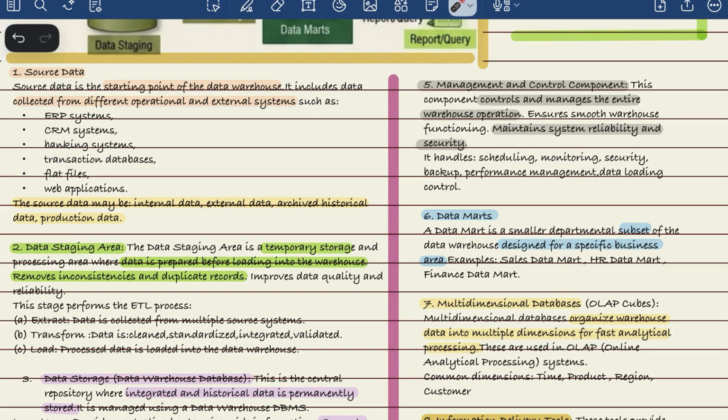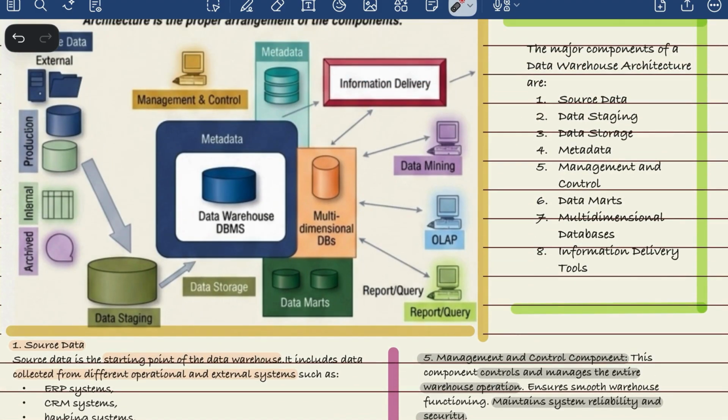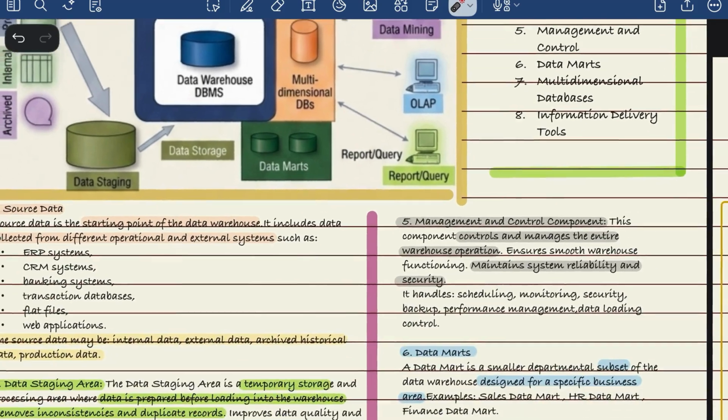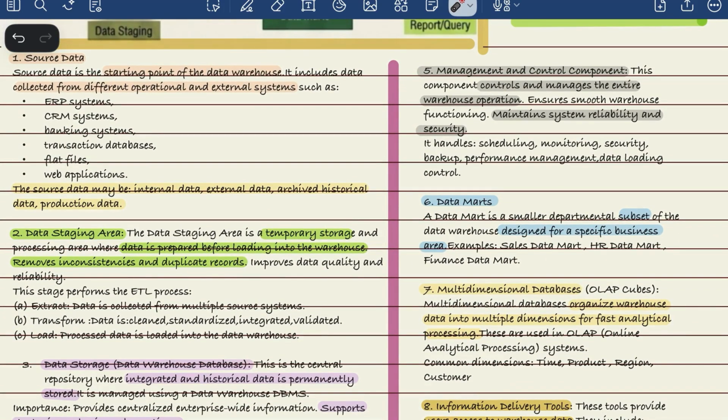Next comes the data mart. You see the very next, number 6 part, is the data mart. The green area you see below the multidimensional data is the data mart. What is a data mart? Why do we need a data mart? Data marts are smaller, bite-sized data warehouses for specific teams. First you were talking about storing the data in an integrated way.